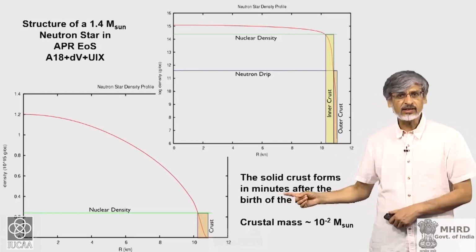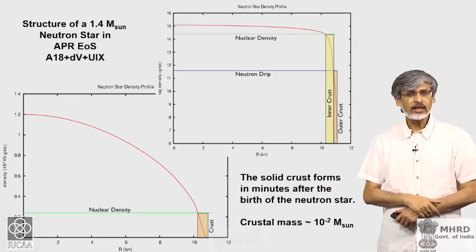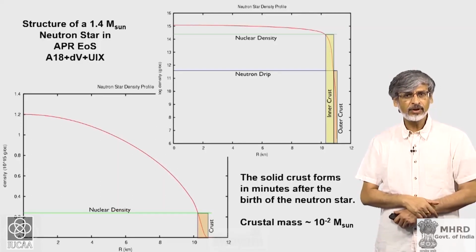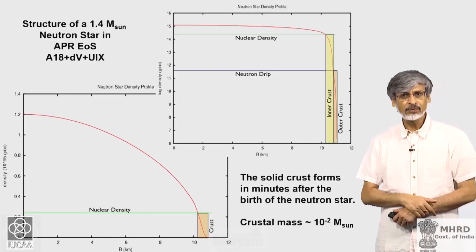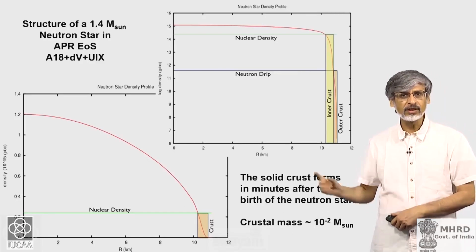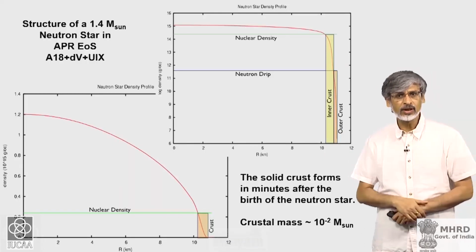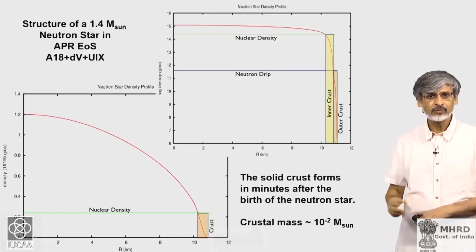Now, the solid crust actually does not take much time to form. In a few minutes after the birth of the neutron star, the surface temperature already falls below the freezing temperature of the crust, and the solid crust forms very quickly after the neutron star birth.